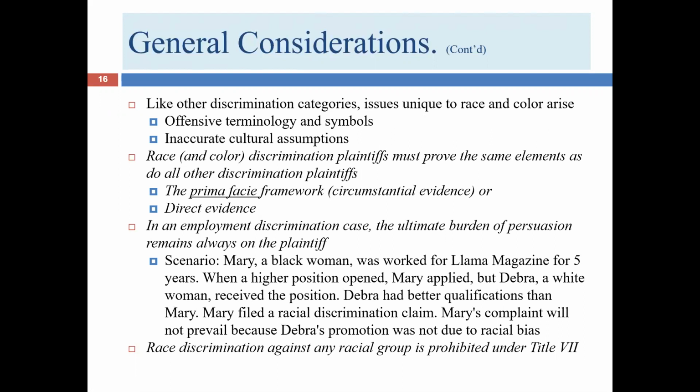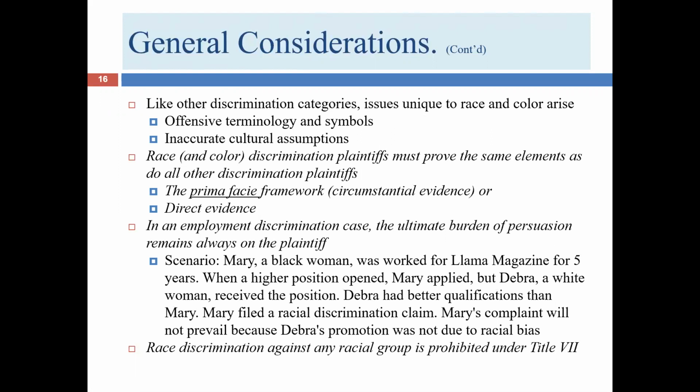The second thing that the plaintiff has to prove is that he or she was qualified for the position. In most of these cases, the person is already in the job, and most race claims are termination cases. So in most cases, it's pretty obvious that they were in fact qualified for the job.